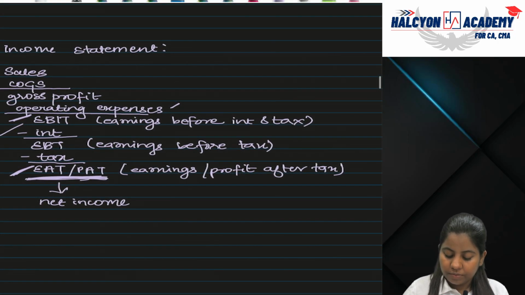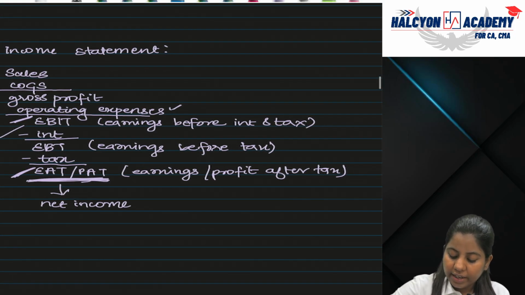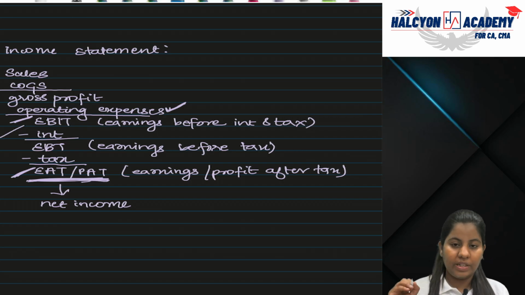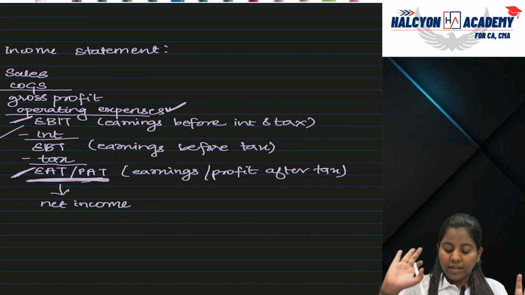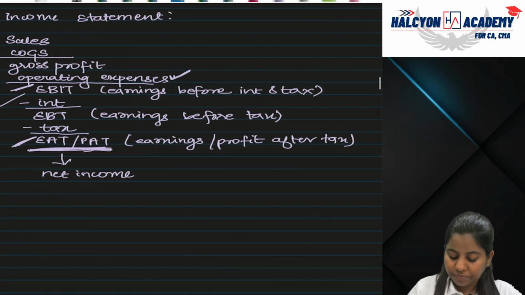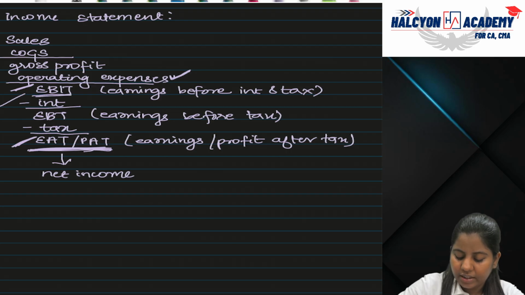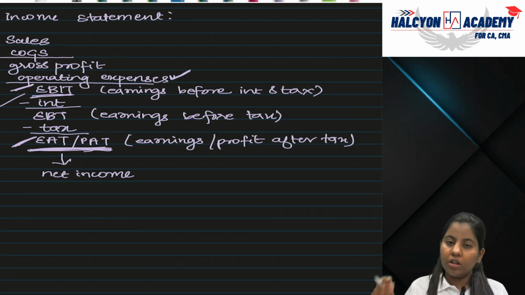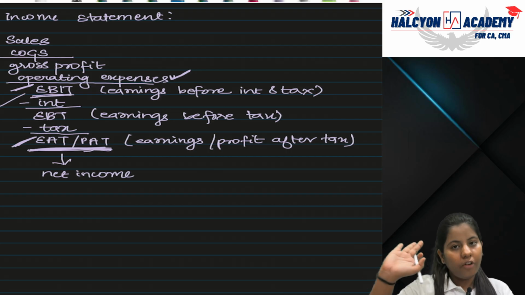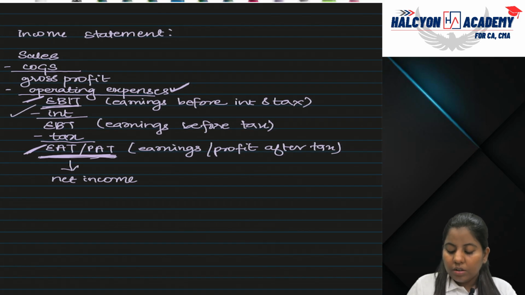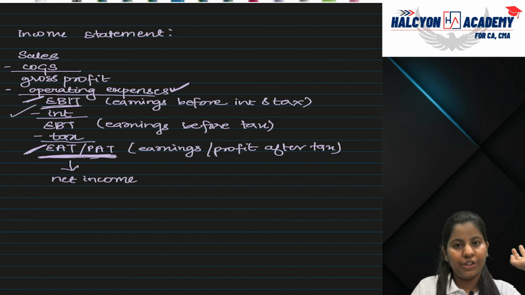Now see one thing. Here we have deducted operating expenses. Before that, listen to one more thing. I told you this EBIT is available for the firm, for the debt holders and for the equity shareholders also.